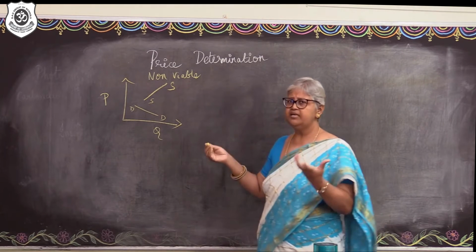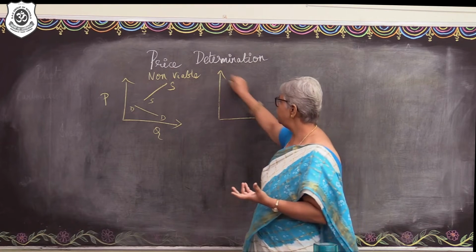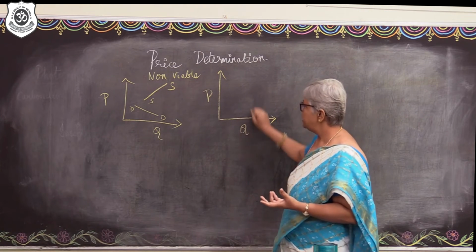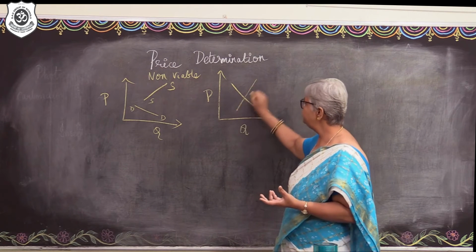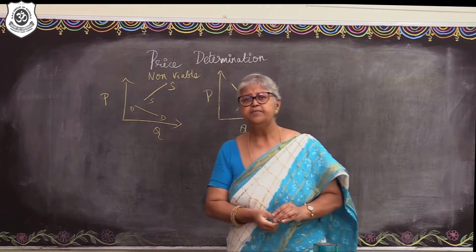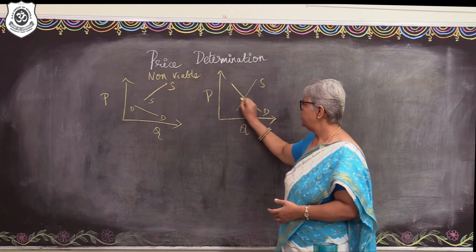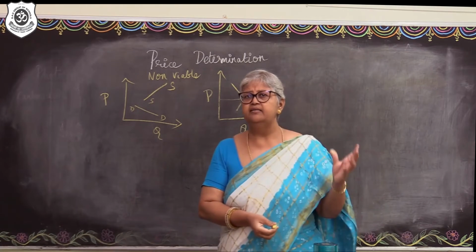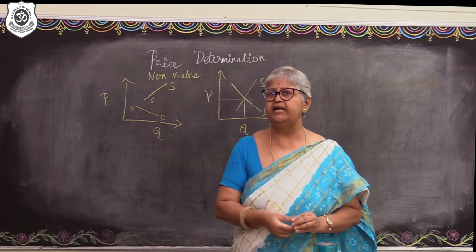So this is a non-viable market in economics. A viable market is a market wherein there is a common consensus between the demand and the supply forces, and you will have normal demand and supply behavior, and a specific quantity will be transacted in the market, where the quantity demanded is equal to the quantity supplied.